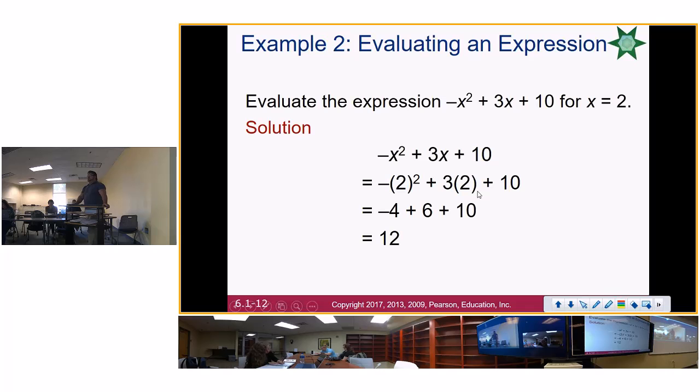Now, what's going to kill you? The signs. That negative is in front of that x squared. There's no parentheses, so that means the x is squared and the negative is out front. Now, if it had a negative in the parentheses, that would be totally different. That would be a positive. But since the negative is out front of the x, it's treated as a negative.